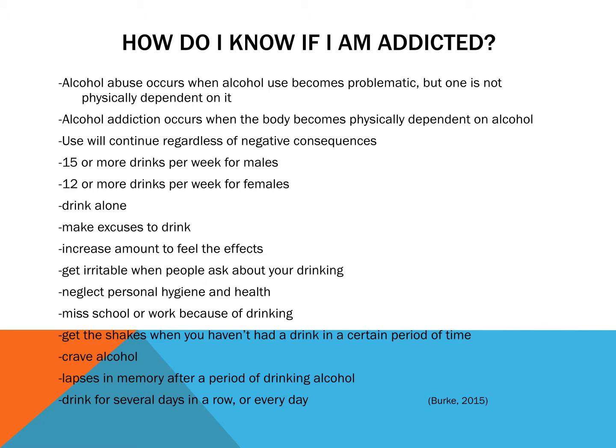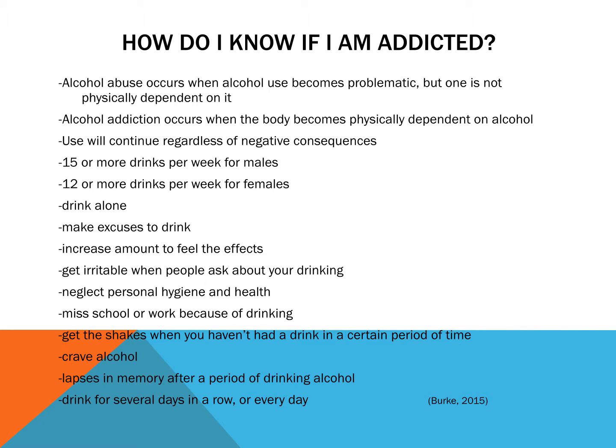Some of the signs and symptoms that are indicators of alcohol addiction are having more than 15 drinks per week if you're a male, or more than 12 drinks per week if you're a female, if you drink alone or make excuses to drink, if you have an increasing tolerance to alcohol, if you get annoyed when people inquire about your drinking habits, if you neglect your personal health and hygiene, if you miss school or work due to drinking, if you get the shakes or nauseous when you haven't had a drink, if you get cravings for alcohol, if you have blackouts or lapse in memory after a period of drinking, or if you drink for several days in a row or even every day.